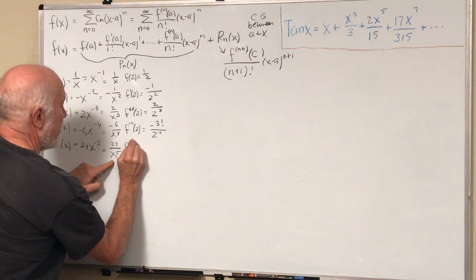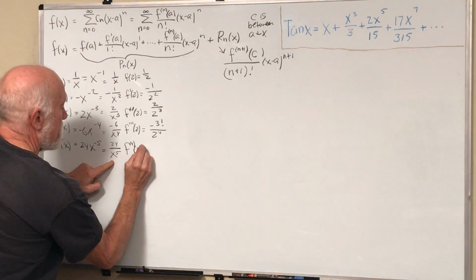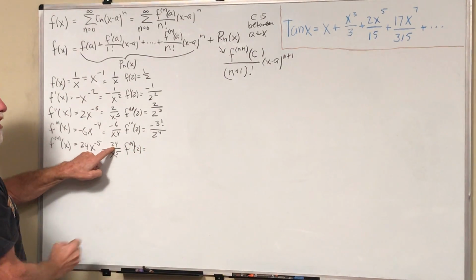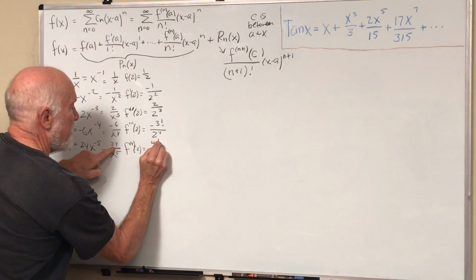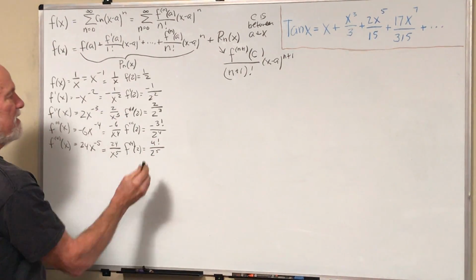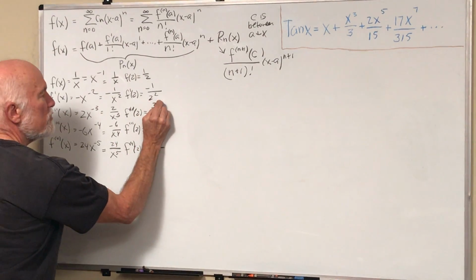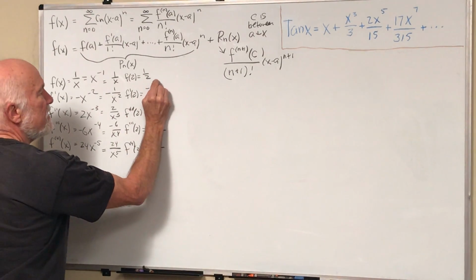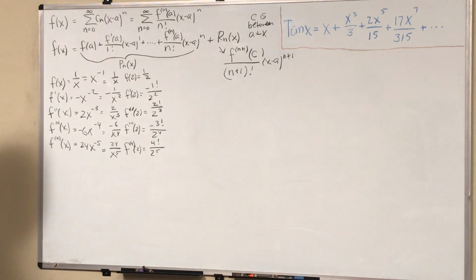And the fourth derivative is 24, but that's 4 factorial over 2 to the fifth. And I could call 2 factorial and 1 factorial.